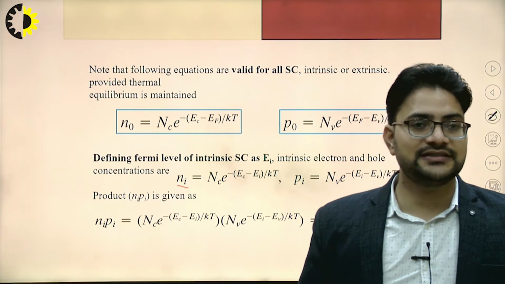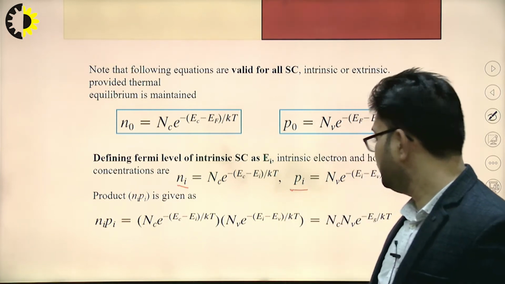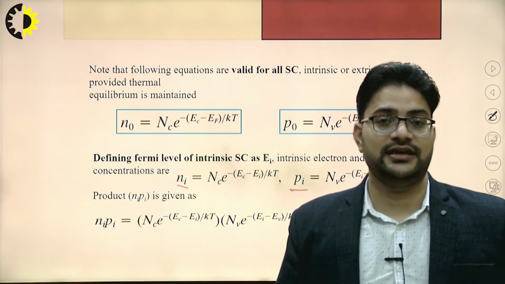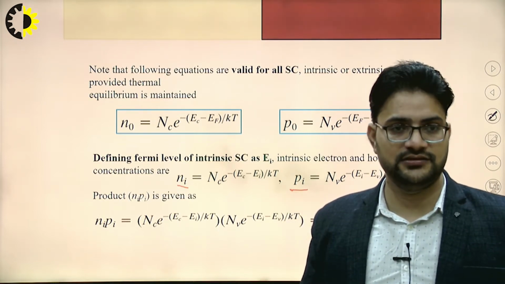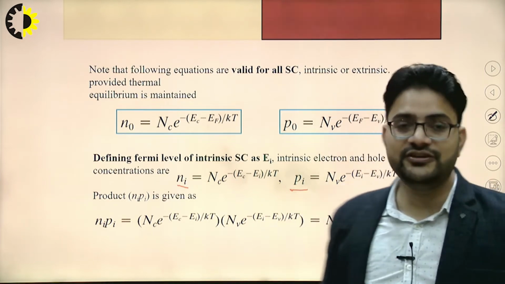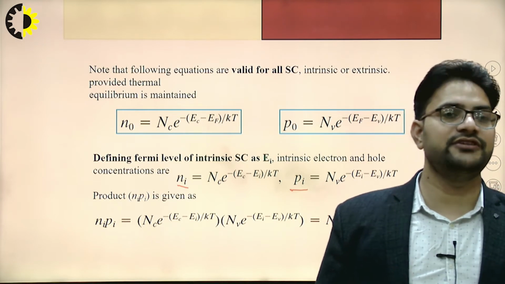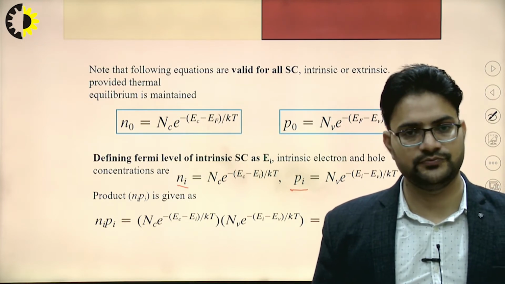Next, I can also put the value of Pi, that is the number of holes at the intrinsic energy level, which is equal to Nv exponential of minus Ei minus Ev divided by Kt, right.